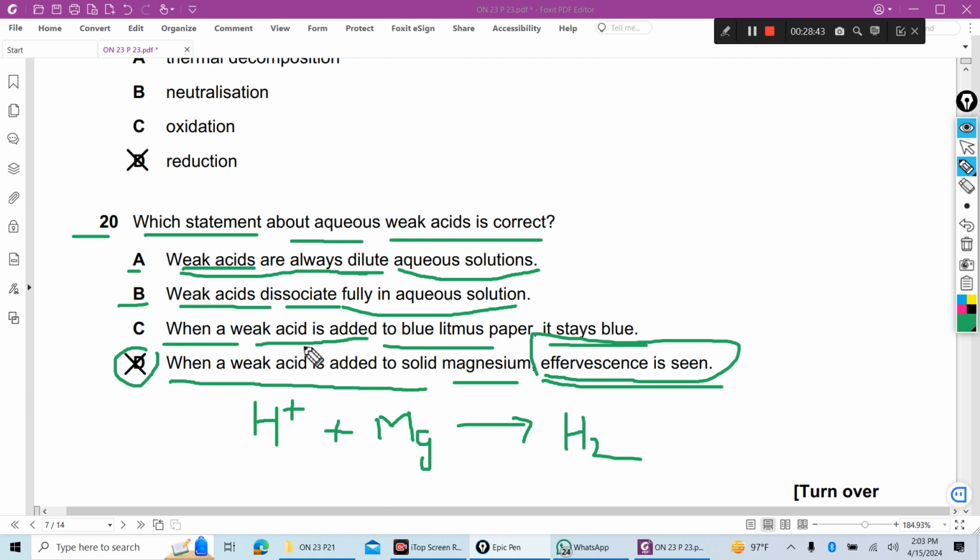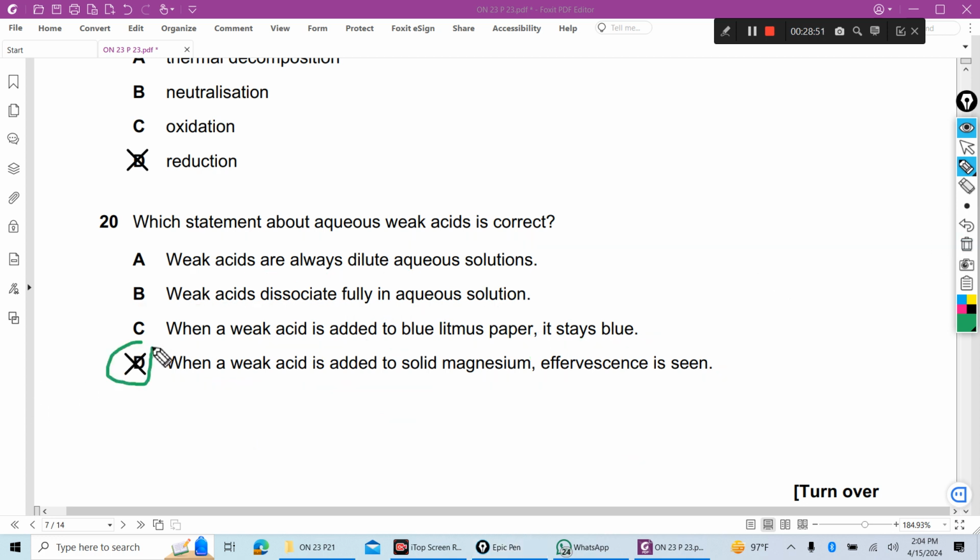No, weak acid contains hydrogen ion, so weak acid turns blue litmus paper red. That's why the answer is D. When a weak acid is added to solid magnesium, magnesium reacts with the hydrogen ion in the acid to produce hydrogen gas. So D is the correct answer.